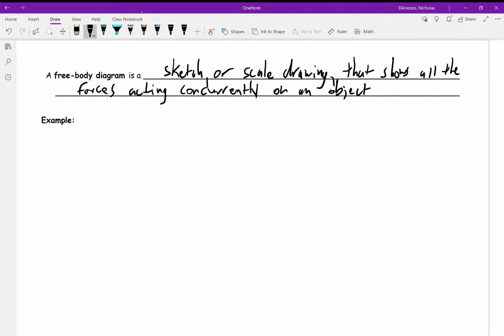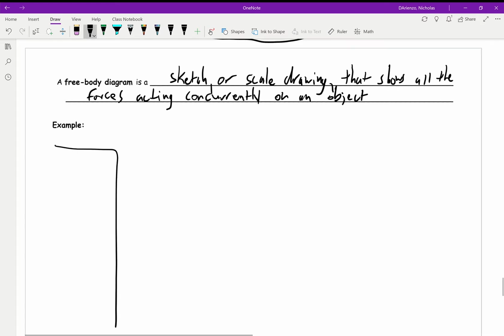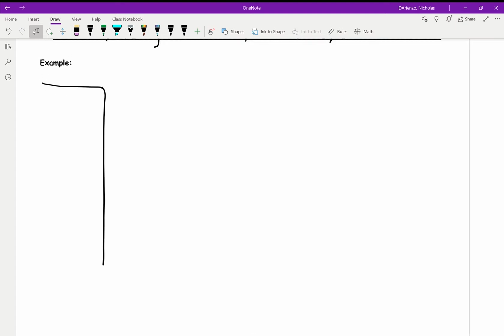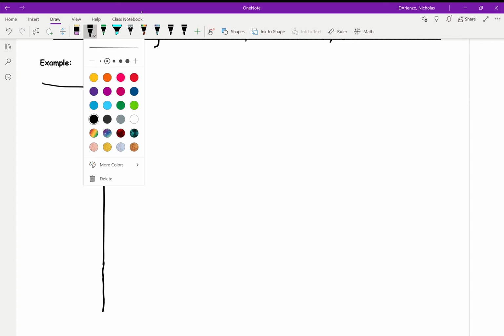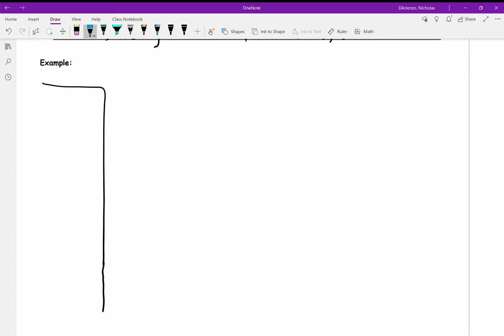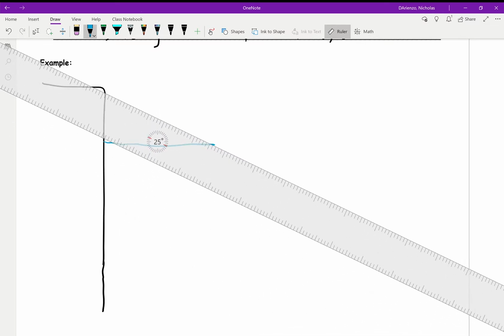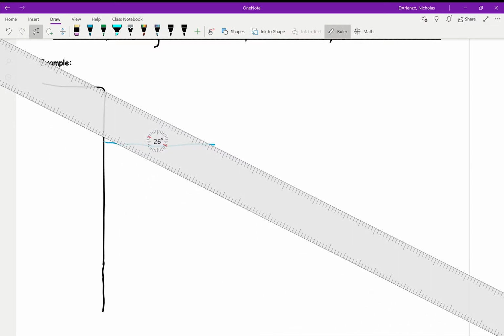So I'm going to do an awesome sketch here. This one will probably not be to scale, although we'll consider it as being to scale. I'm going to use a ruler for this because I think if I try and do this without the ruler, it might look kind of bad.